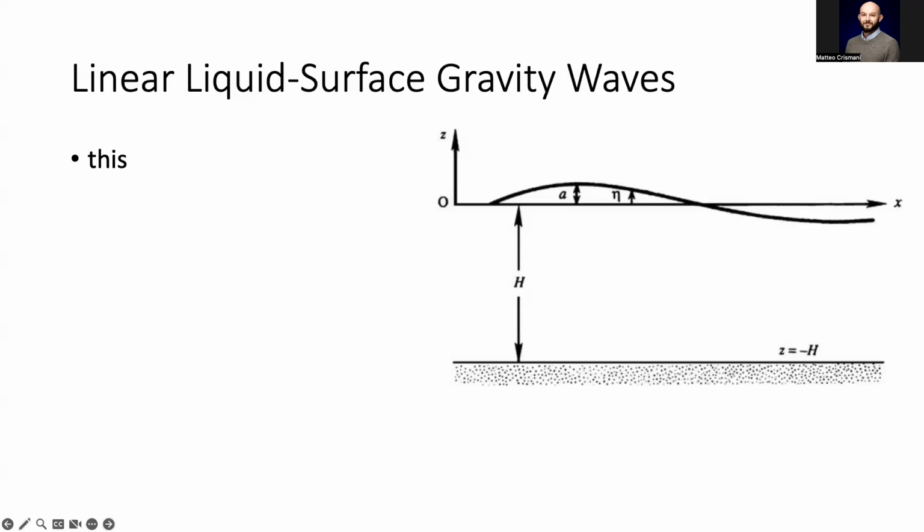Which allows us to write that d eta dt is approximately equal to d phi dz. Evaluated at, I should be a little more careful, evaluated at z equals eta. Okay.